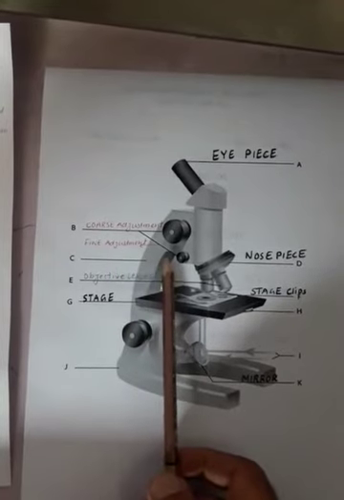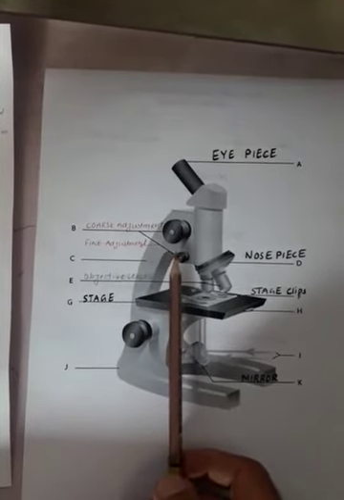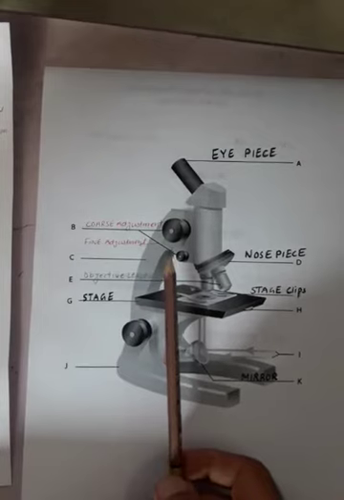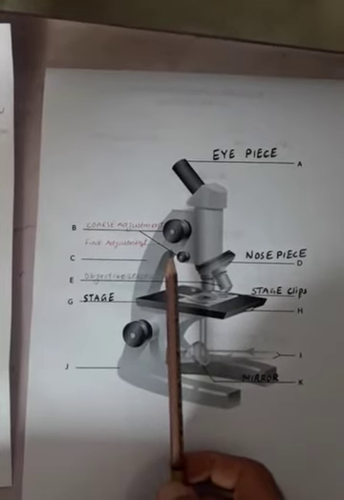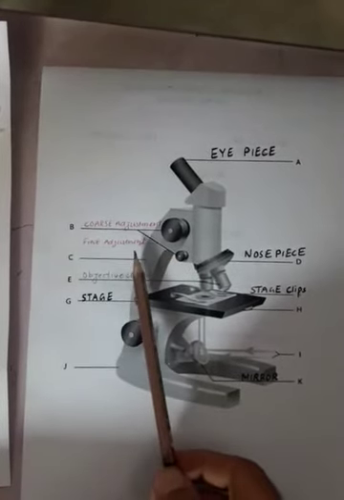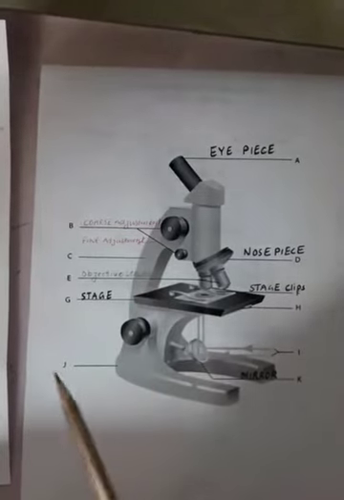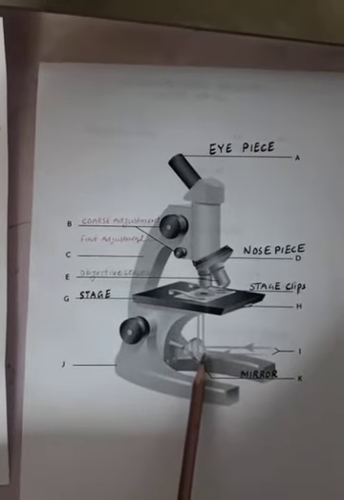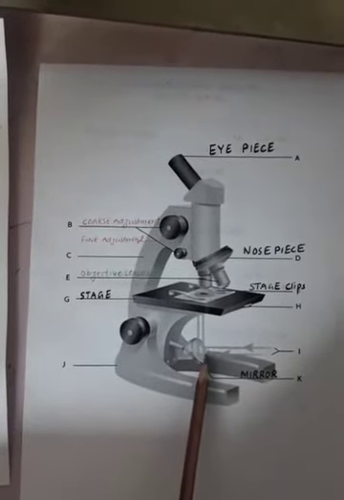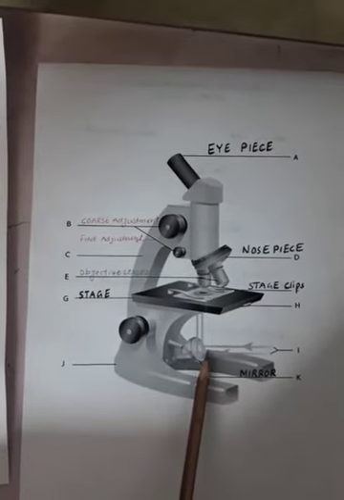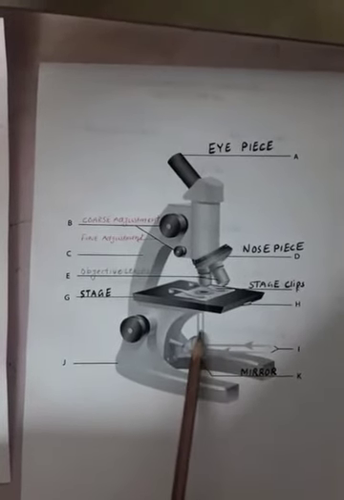The fine adjustment knob is used to move the body for sharpening the image. This is called the mirror, which reflects light onto your slides.